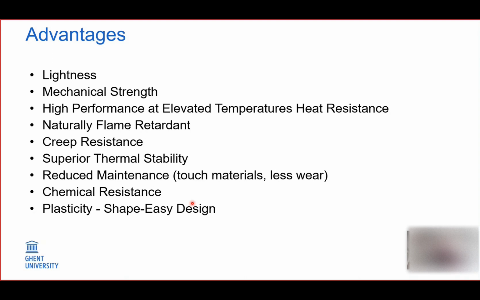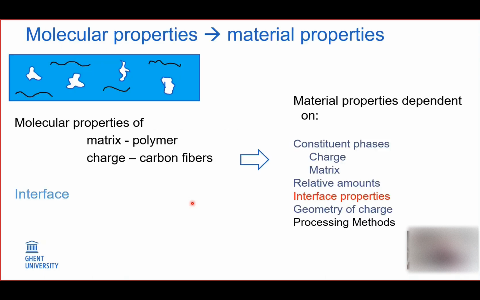Having all of this in sight, we of course aim at production of composite materials. And when we are designing a composite, we start with its molecular structure and molecular properties, which will determine in essence the material properties of the composite.